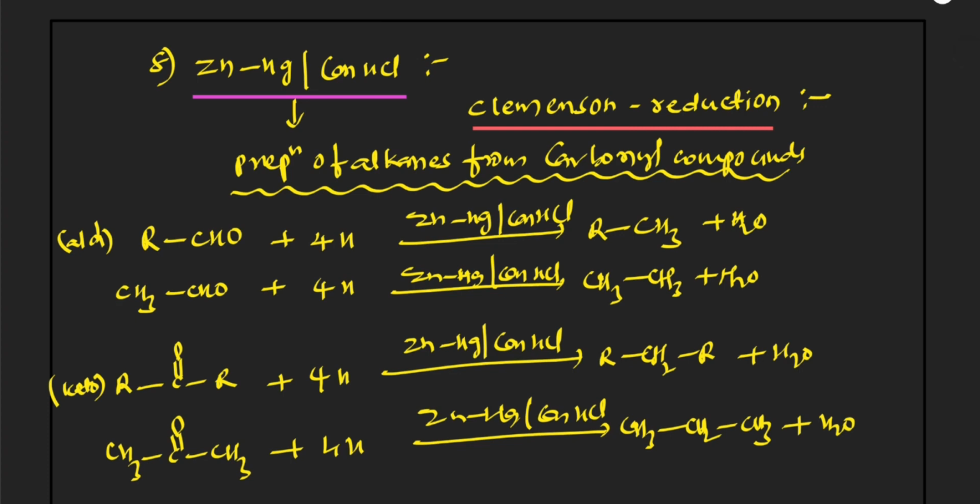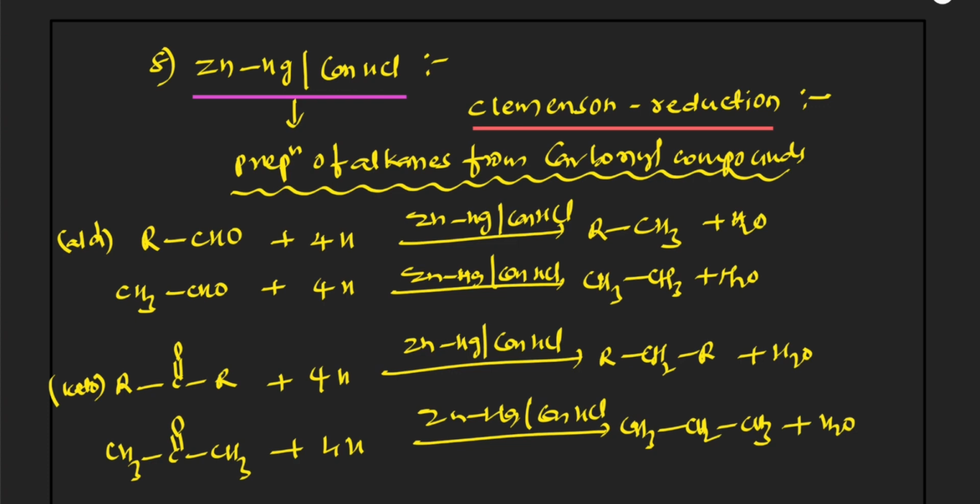Mainly it is used to prepare alkane from carbonyl compounds, but it fails for acid sensitive substrates; it is suitable for base sensitive substrates. This is for zinc amalgam in concentrated HCl.